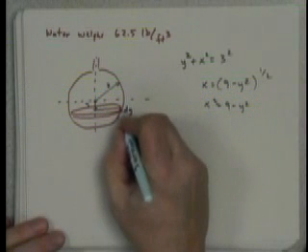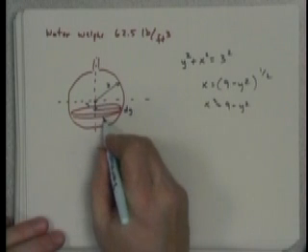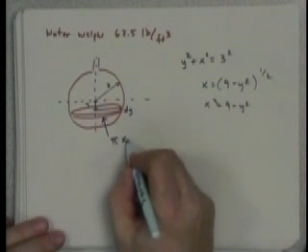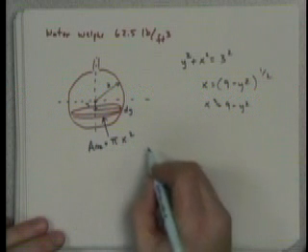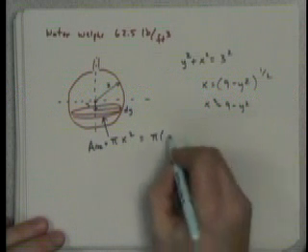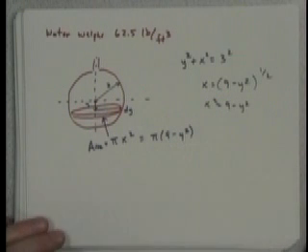dy is going to be the thickness of my slice, and the area of my slice is going to be pi times x squared, which is pi times 9 minus y squared.